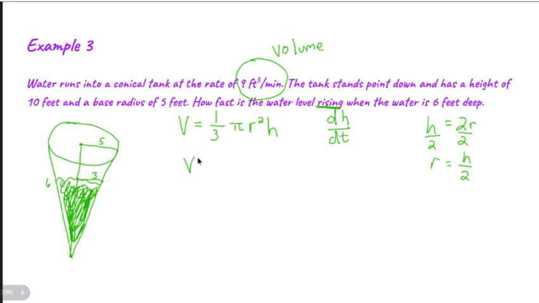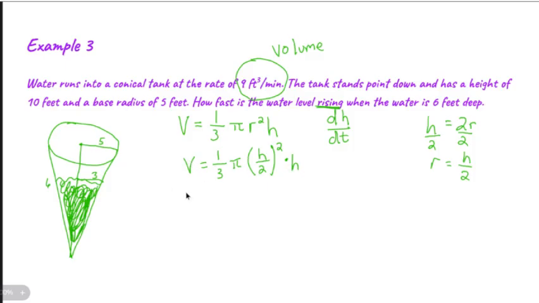So let's rewrite this formula. 1/3 pi. Instead of radius, it's h over 2, but it's still squared. And then times the original height. Now we've got everything in terms of h.